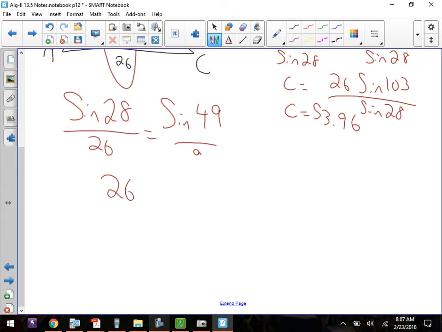So, you know, 26 sine 49 over sine 28, just by moving it around. 41.8, are we okay with that?